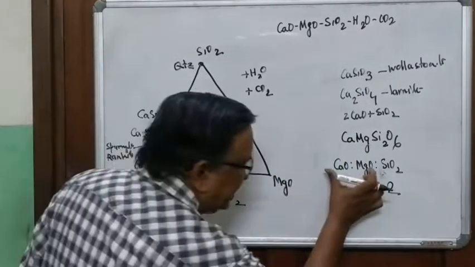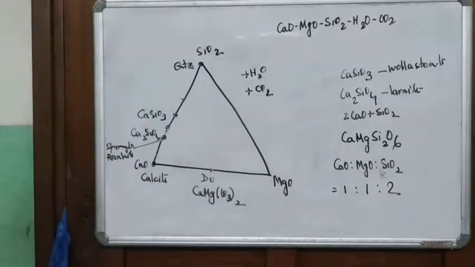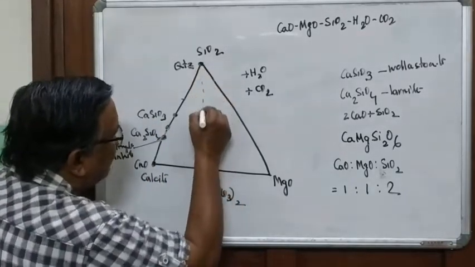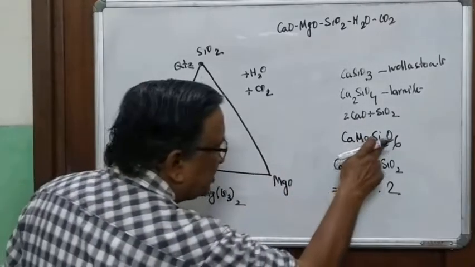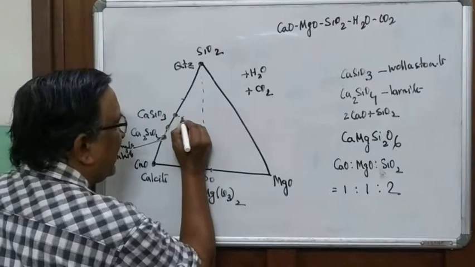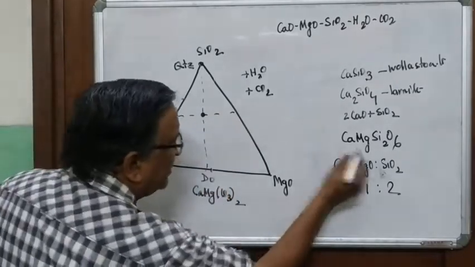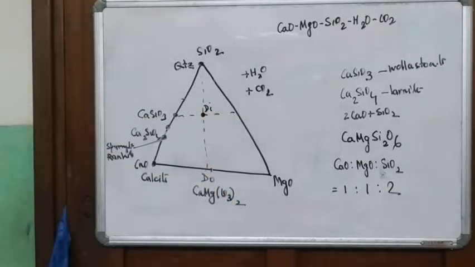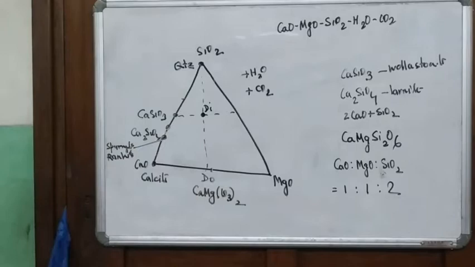And if you take CaO plus MgO to SiO2, then it is 2:2. So now, if I take this point and add it up along the line, where will CaMgSi2O6 plot? It will plot where the 50% line plots it. So this will be the position where diopside plots. Have you understood? This is the position where diopside would plot.